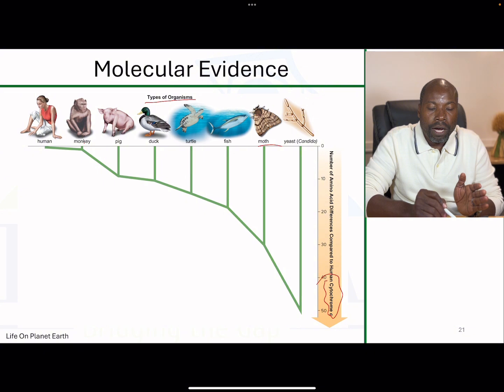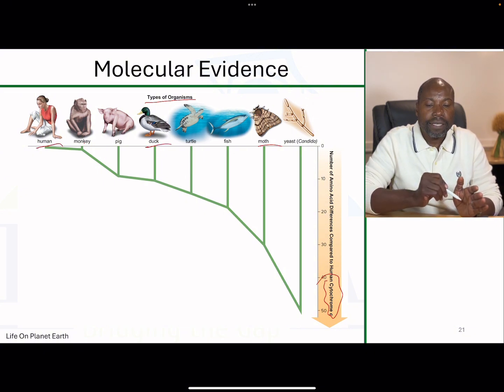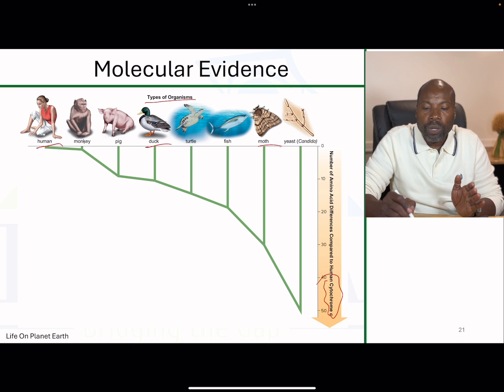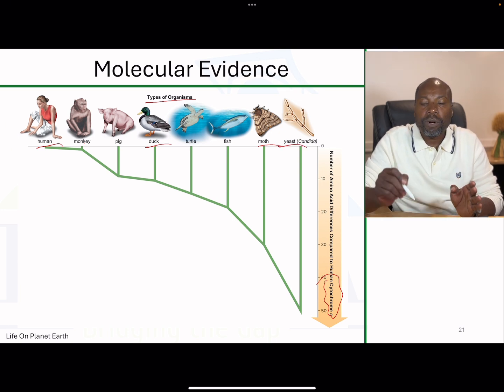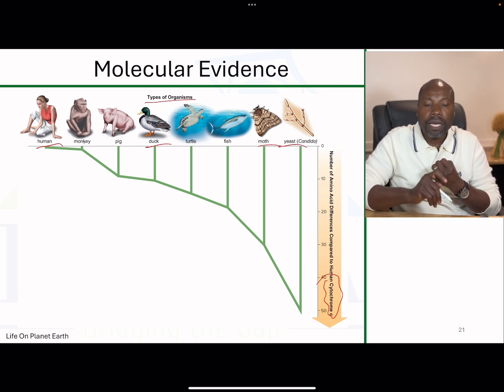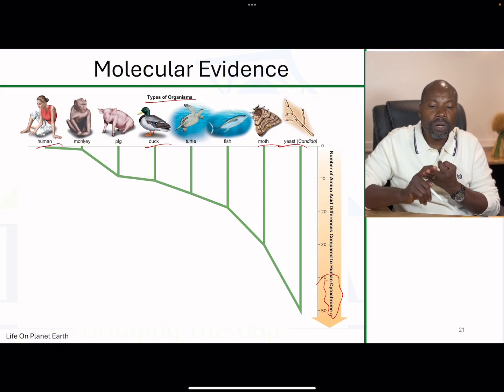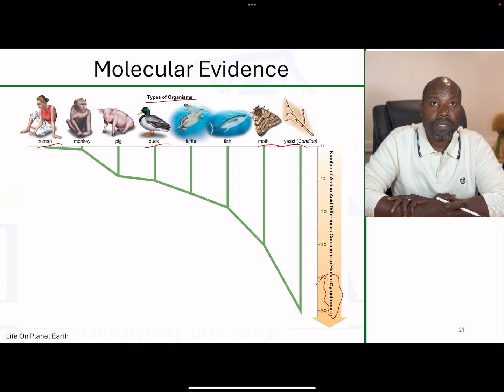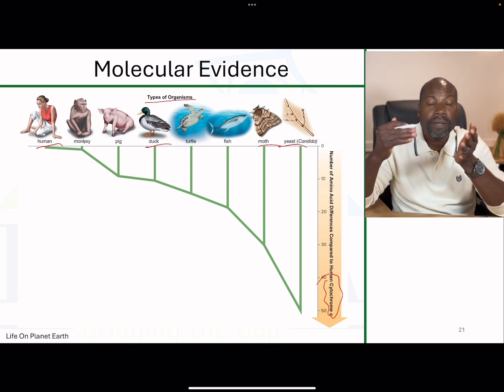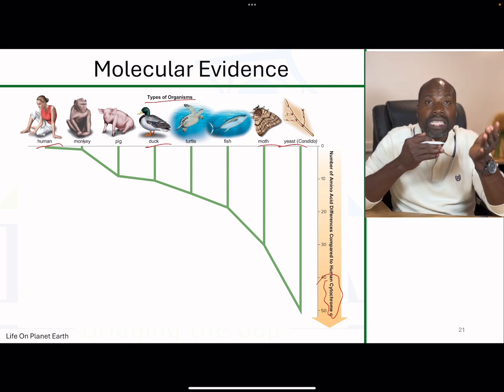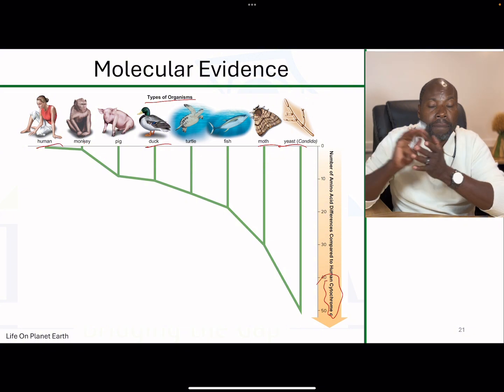And human is closer to a duck than it is to a yeast, right? Because yeast have cytochrome C, moth have cytochrome C, fish do have cytochrome C, turtle, duck, pig, monkey, and human. And so we can compare them and see how closely related they are or how far apart they are.